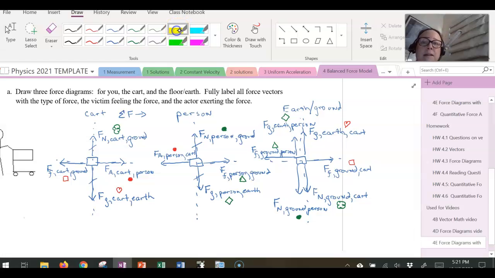Because within a single force diagram, all of the forces are applied on the same object, right? The force diagram of the cart has the cart as the recipient of every force. And so to see the third law pair, which would be applied to the other object in the interaction, you would have to look on one of the other force diagrams.